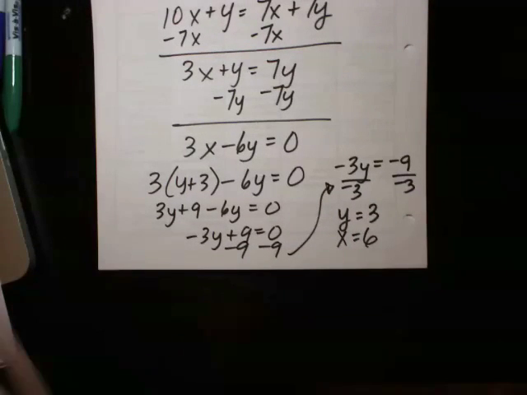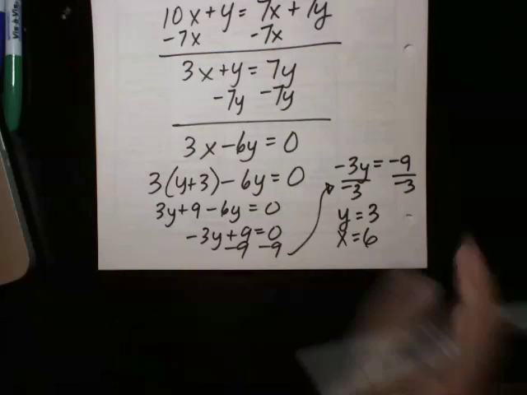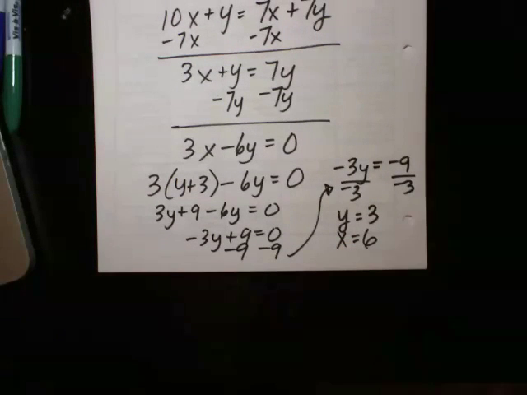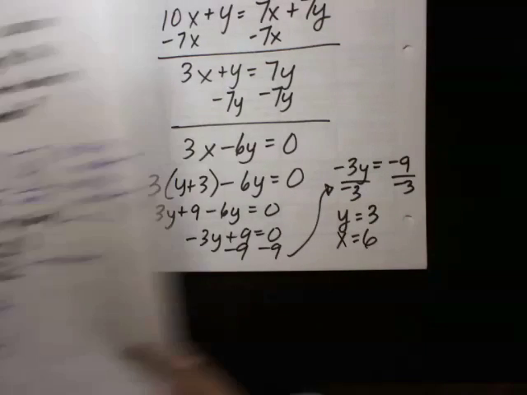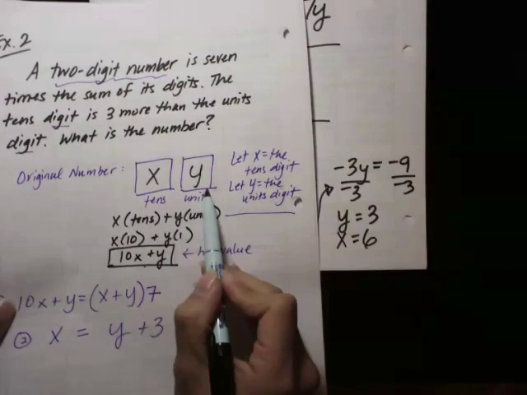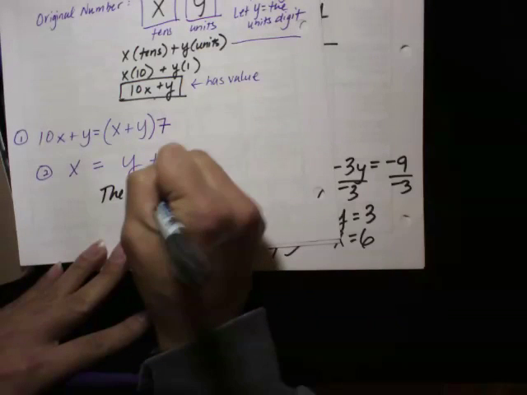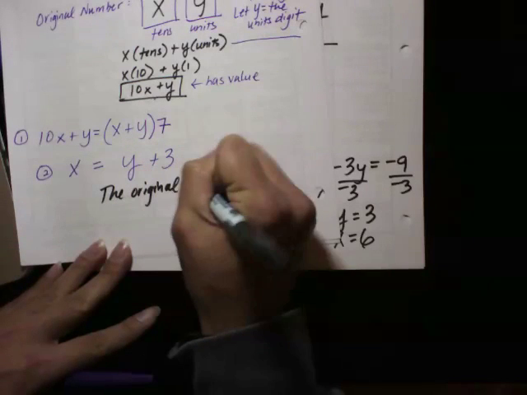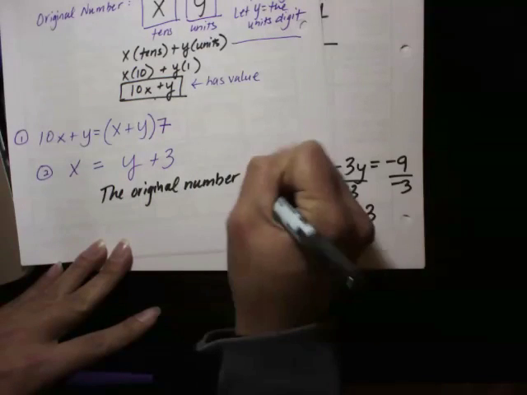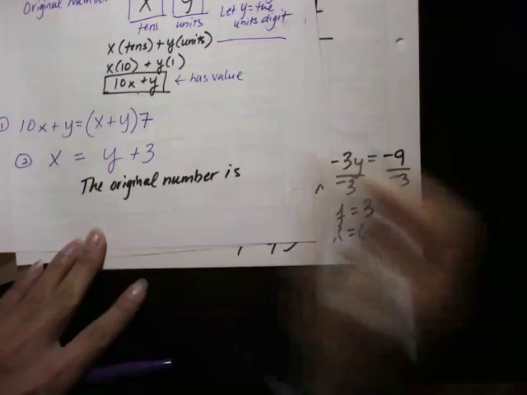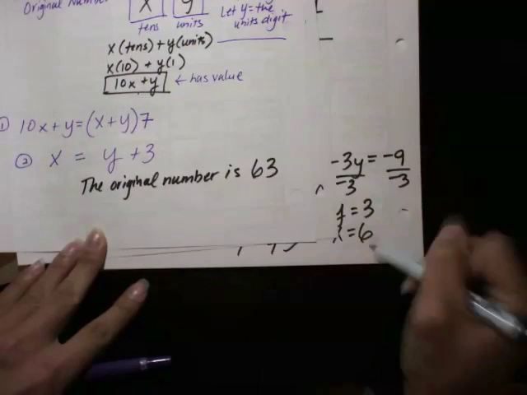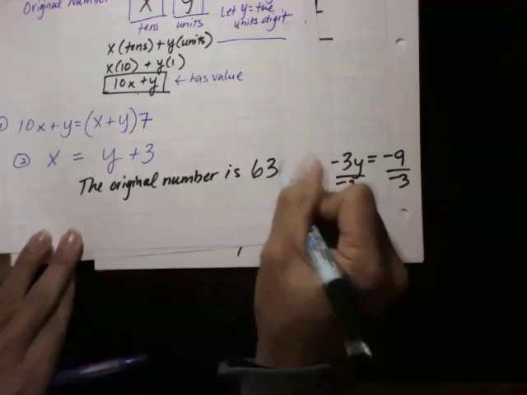Okay, let's stop and make sure we answer the question and also check our work. The original number we said is x, y. So that means that our original number is 63, as x and then y.